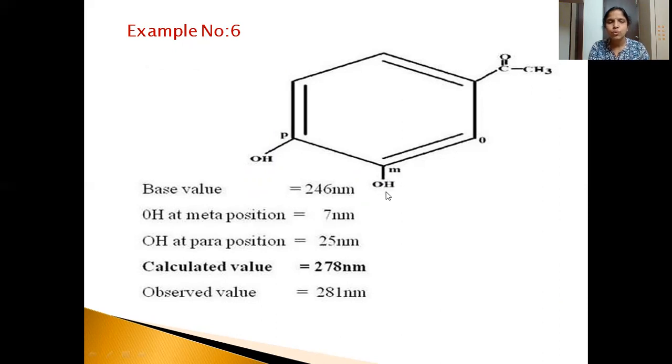What is the position where the OH group is attached with respect to this keto group? This will be ortho position, meta, and the other is para. So there are 2 OH groups. One is at meta and the other is at para. When OH is present at meta position, the increment that has to be given is 7 nanometers. And when the OH is at para position, it is 25 nanometers increment. So total, if we add, it will be 278 nanometers. And the observed value is 281 nanometers.